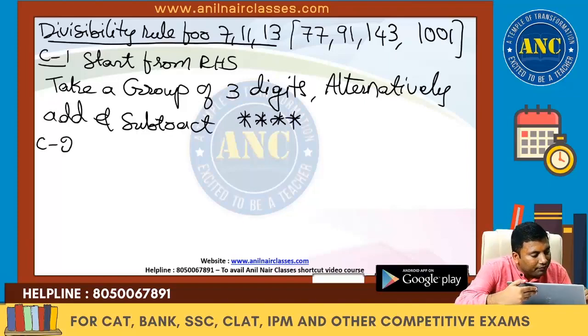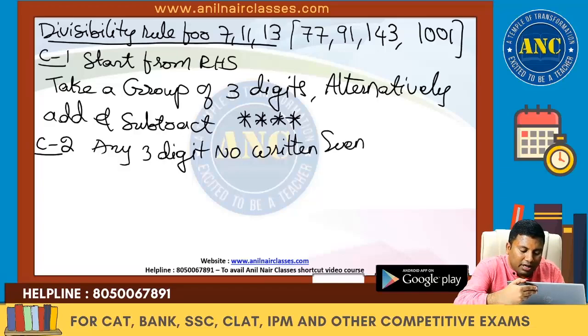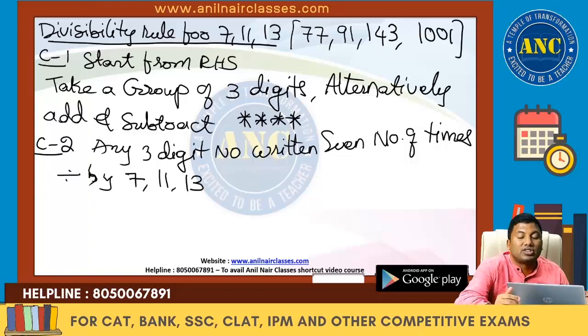Concept 2. Any 3-digit number written an even number of times is always divisible by 7, 11, 13 and their combinations.